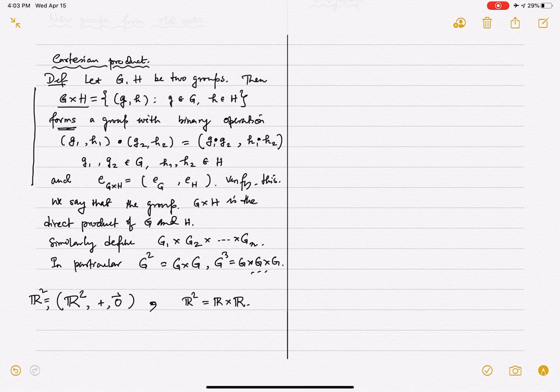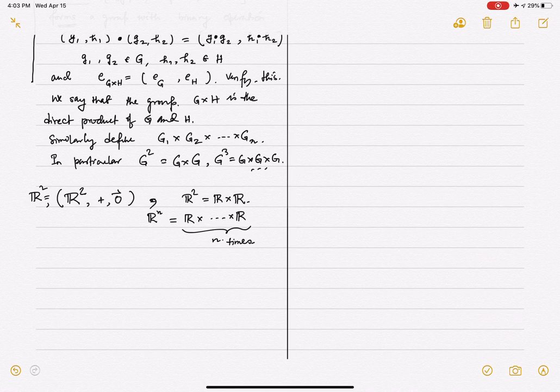Yeah. More generally, the vector space R^n, if you have looked at it with addition, that group is just R cross R, n copies. So this you're familiar with. But you can now, using this, make new groups like Z mod 2 cross Z mod 2.